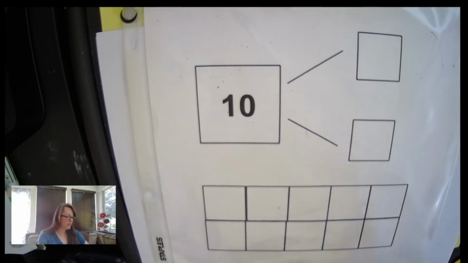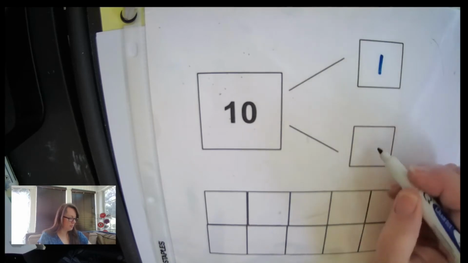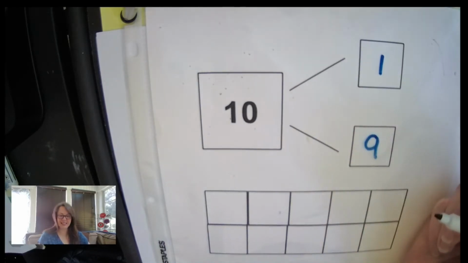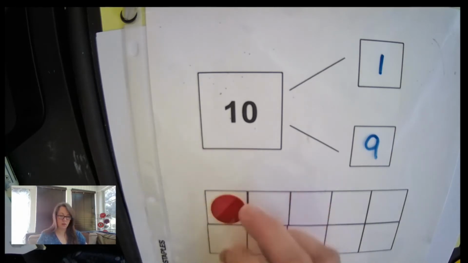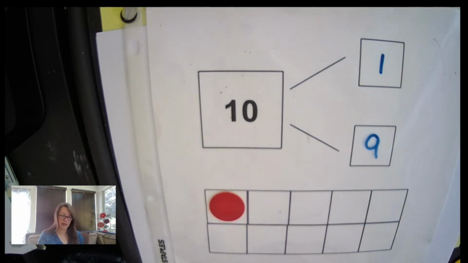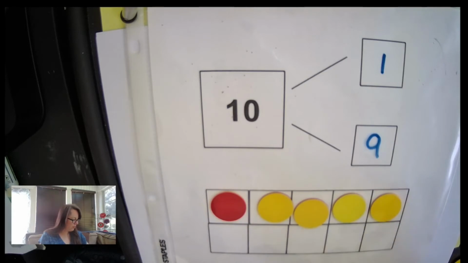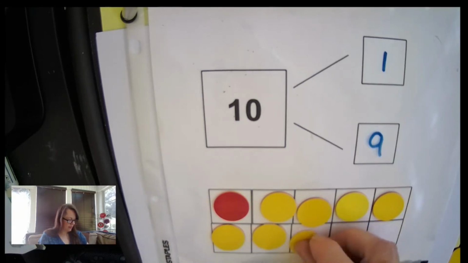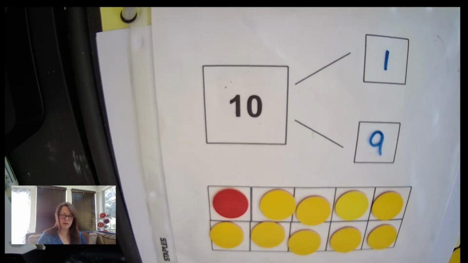All right. I heard somebody say 1 plus 9 equals 10. So that's 1 and 1, 2, 3, 4, 5, 6, 7, 8, 9.